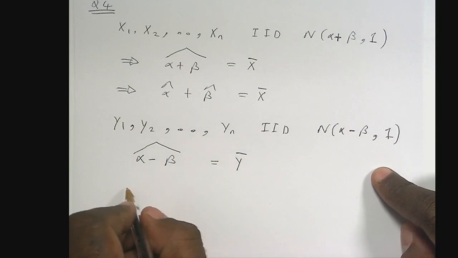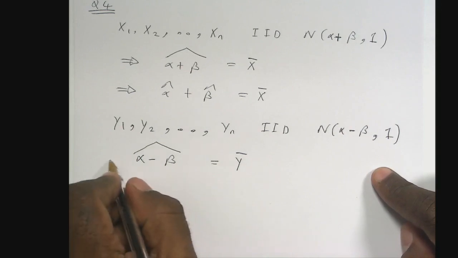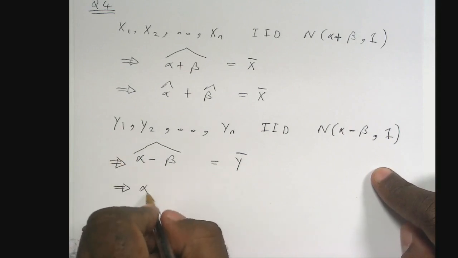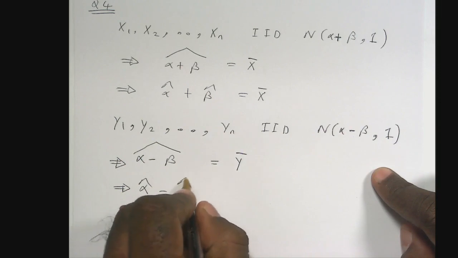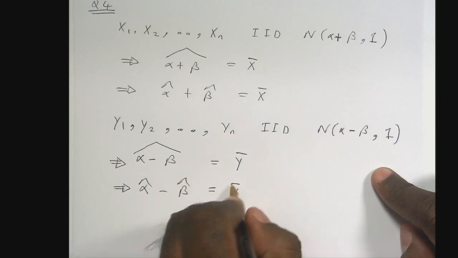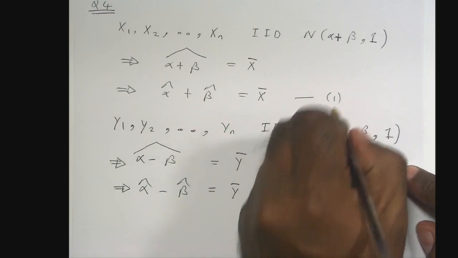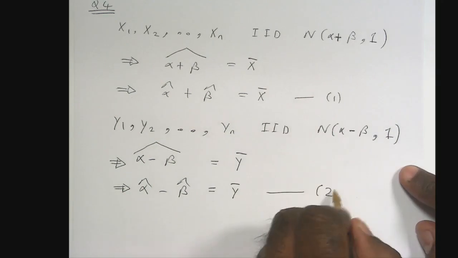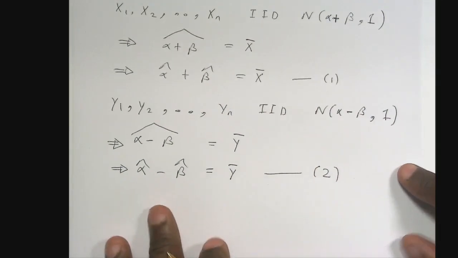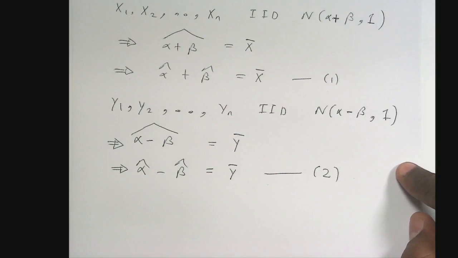In other words, the MLE for alpha minus the MLE for beta is equal to y bar. Call this equation 1, call this equation 2. Now we have 2 equations and 2 unknowns. The unknowns are alpha hat and beta hat. The equations are 1 and 2.